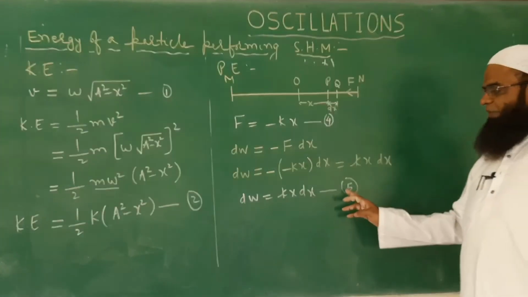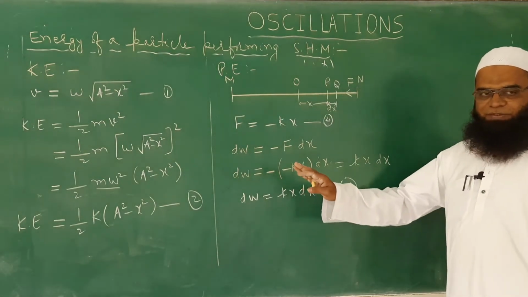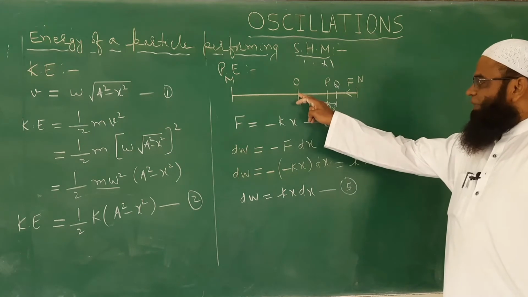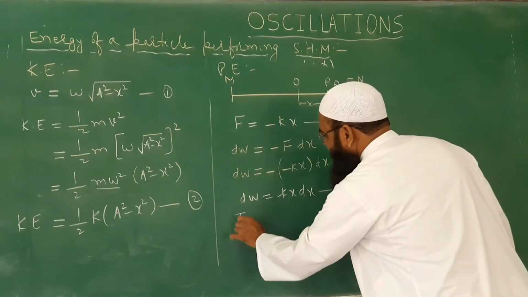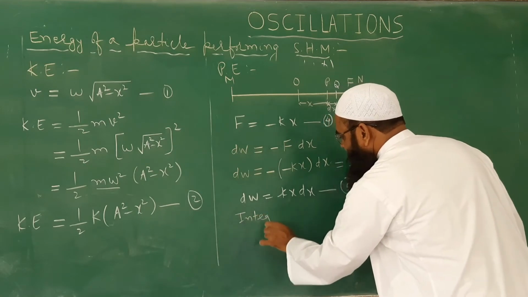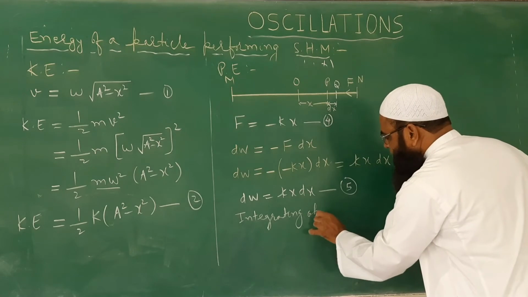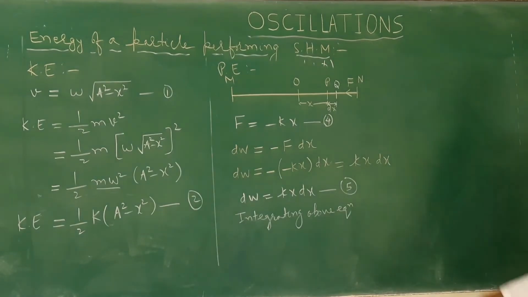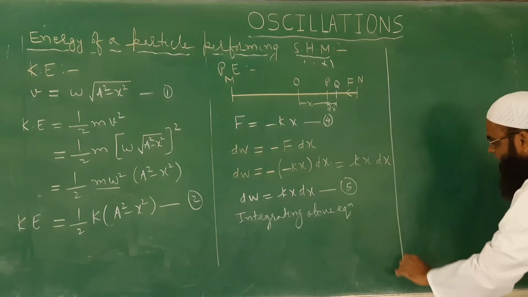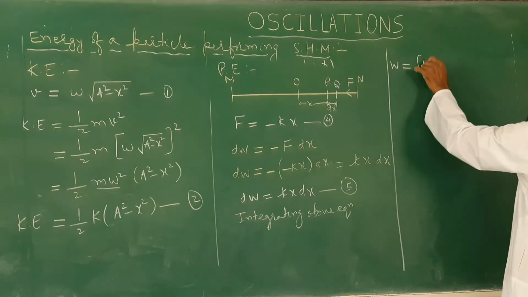By integrating equation 5, we can get how much work is done during the displacement of the particle from point O to P. So integrating the above equation, we will get the total work done W equal to the integration of dW.